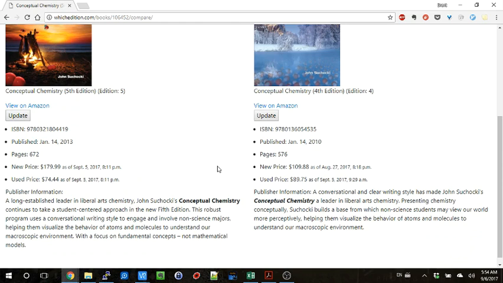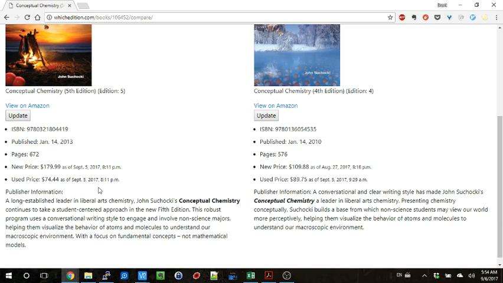Once again, there's some differences between these books, and so there's almost 100 more pages in the newest edition of the Conceptual Chemistry class, although the publisher information doesn't give us much information about what those changes are. We'll definitely save a lot of money if we're in the market for a new textbook by purchasing the previous edition.